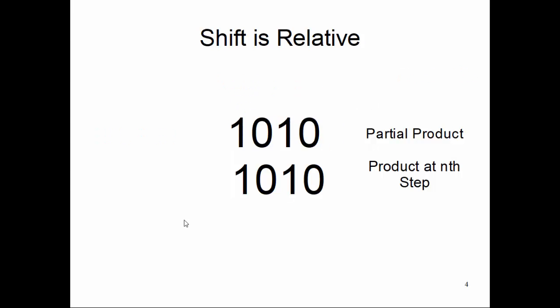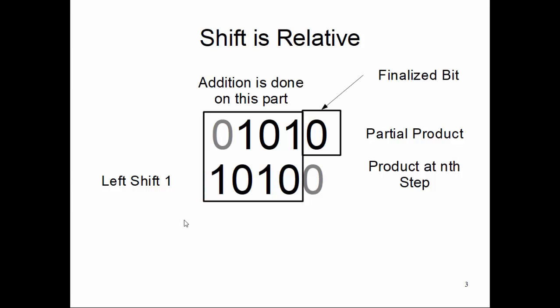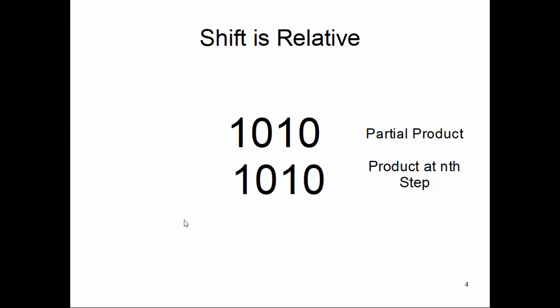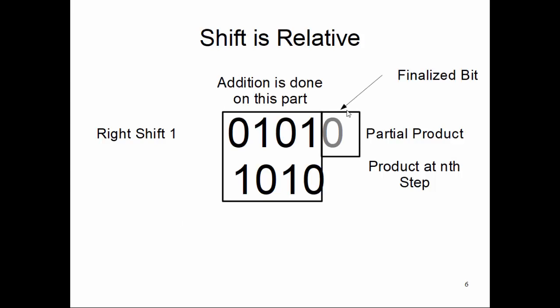See, the operation we did in the first case, shifting the nth product towards the left, is the same thing as shifting the partial product right by one bit each time and finalizing the shifted-out bit as a final product bit. That way we can keep the summation at 4 bits for a 4-bit multiplication.